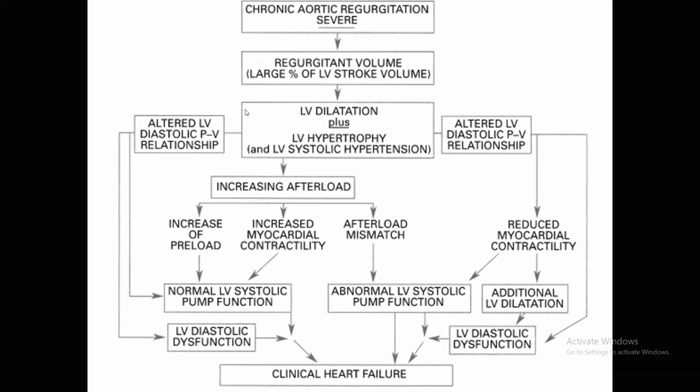So, this will alter the left ventricular diastolic pressure to volume relationship and gradually cause left ventricular diastolic dysfunction, together with the increasing afterload, and as a consequence afterload mismatch, and finally abnormal left ventricular systolic pump function, especially due to the dilatation. These are predispositions for clinical heart failure to be generated.